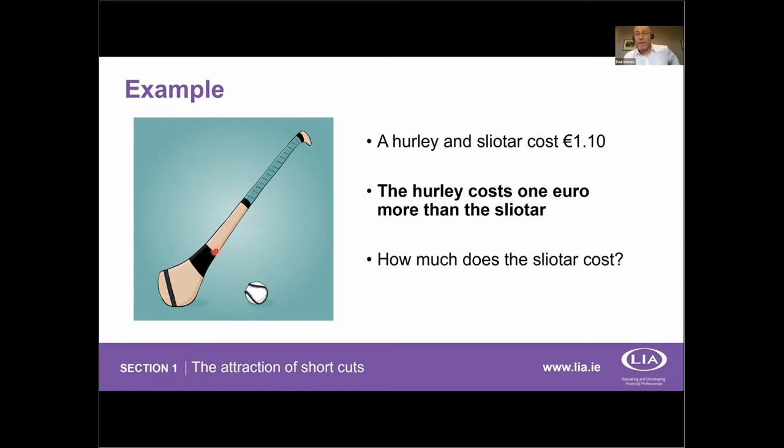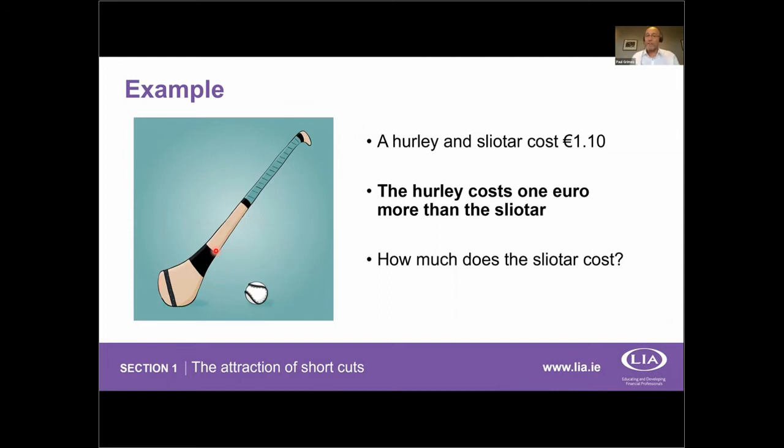Okay, so to another example here. We have 2 items, a hurley and a slitter, and the combined cost is €10, and the hurley costs €1 more than the slitter. How much does the slitter cost? This is a derivative of research carried out at Harvard as part of their behavioral economics program, posed to master's level students, where in their case it's a baseball bat and a baseball. The majority response is that the cost of the bat, or the hurley in this instance, is €1, and that in fact is not correct.